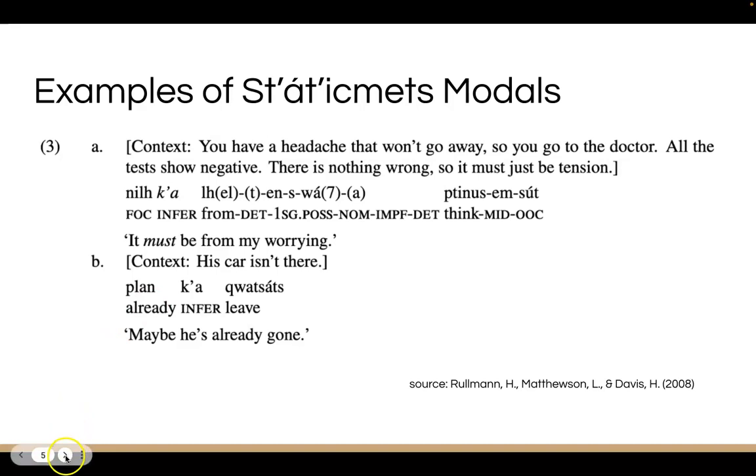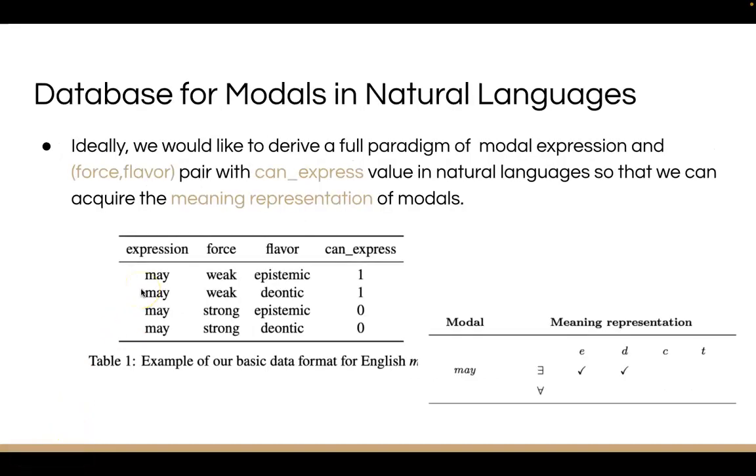Ideally, we would like to derive a full paradigm of modal expressions with force-flavor pairs that they can express in natural languages, so that we can acquire a meaning representation of modals. Start with a simple example, the expression may. From the previous context, we have established the values it can express with force-flavor pairs, and then we can transfer that into this meaning representation.